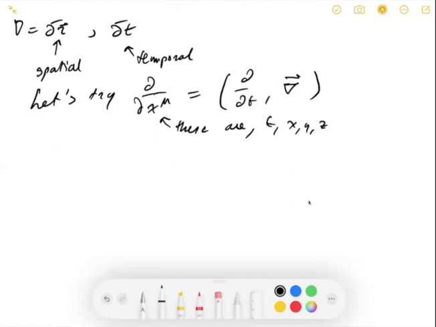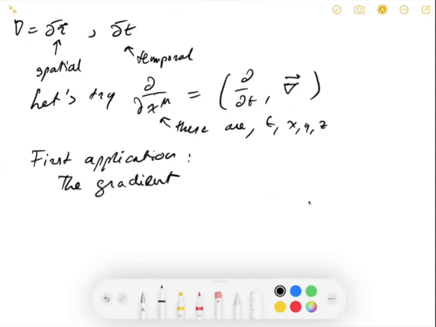So, first application: the gradient. For instance, let's say we have some kind of a scalar field. It could be the potential.